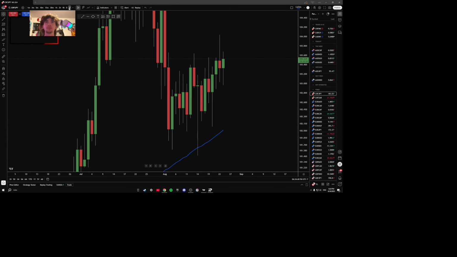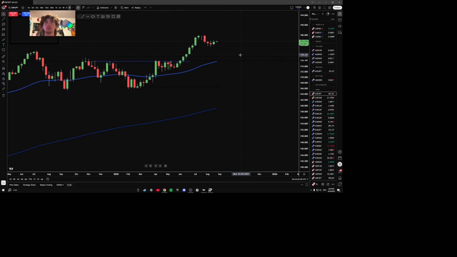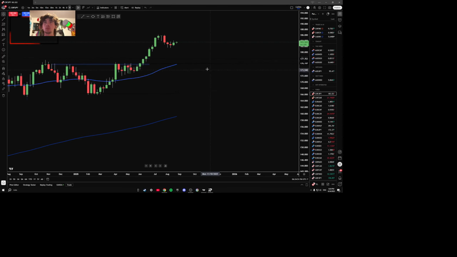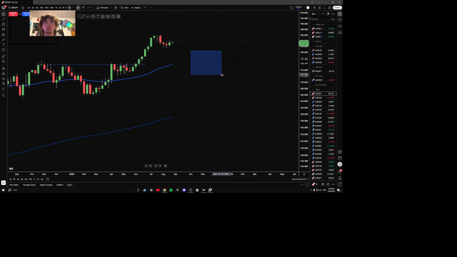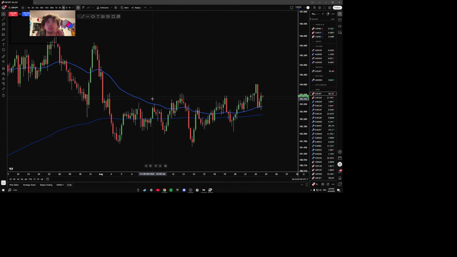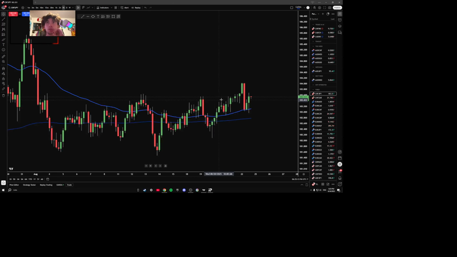CHF JPY. Don't like this pair just because it already went through this 4 hour. Could be a break and retest, but we're gonna leave it alone. We're already in a lot of that.